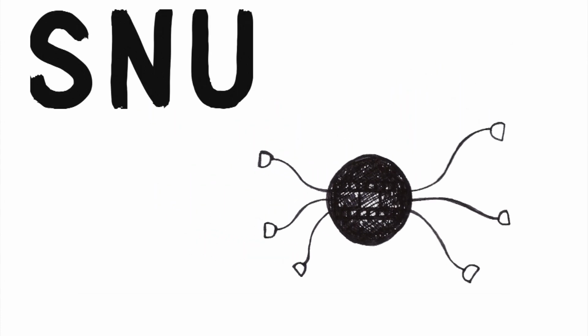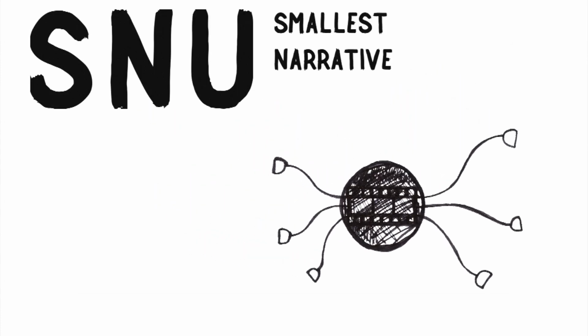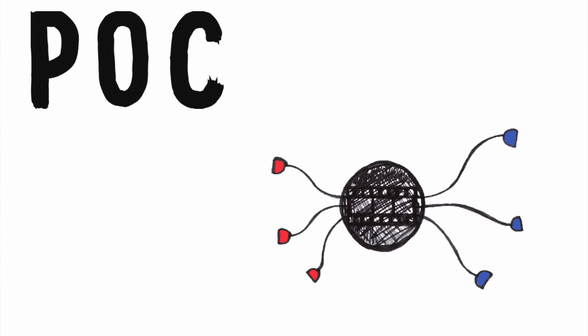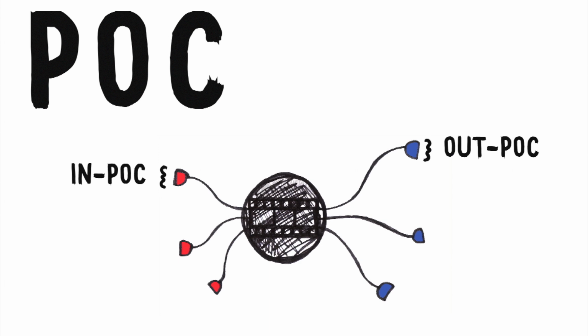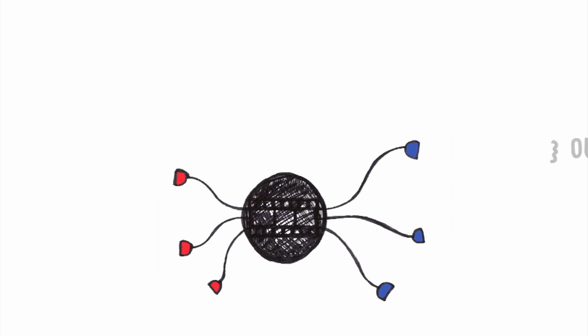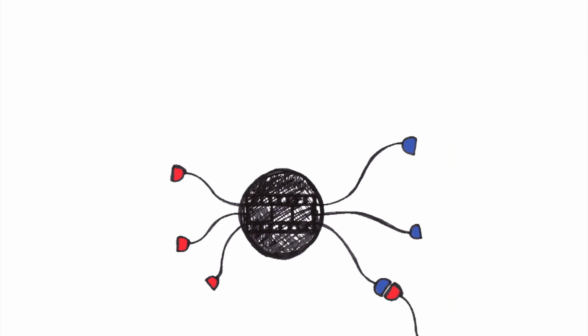This is a SNU, the smallest narrative unit. Usually a SNU is a video sequence. A SNU has POCs. POCs are points of contact. There are in POCs and out POCs. Through an out POC, a SNU connects to other SNUs by connecting to another SNU's in POC.